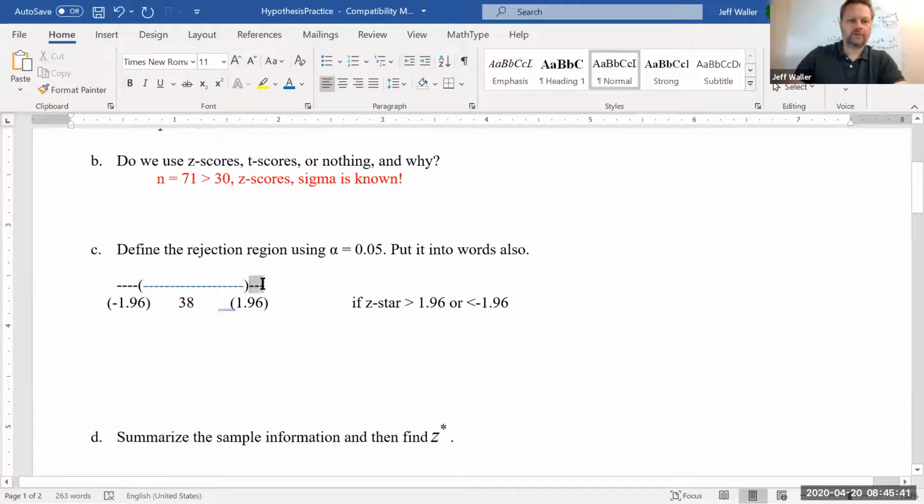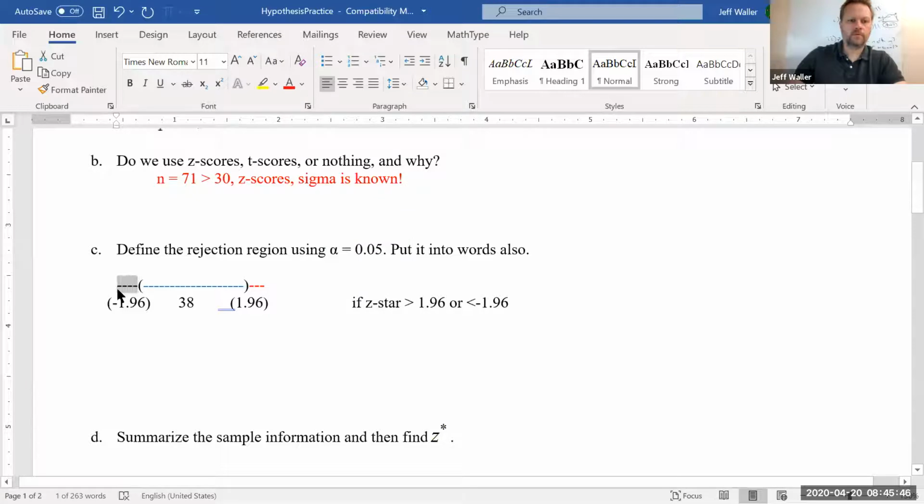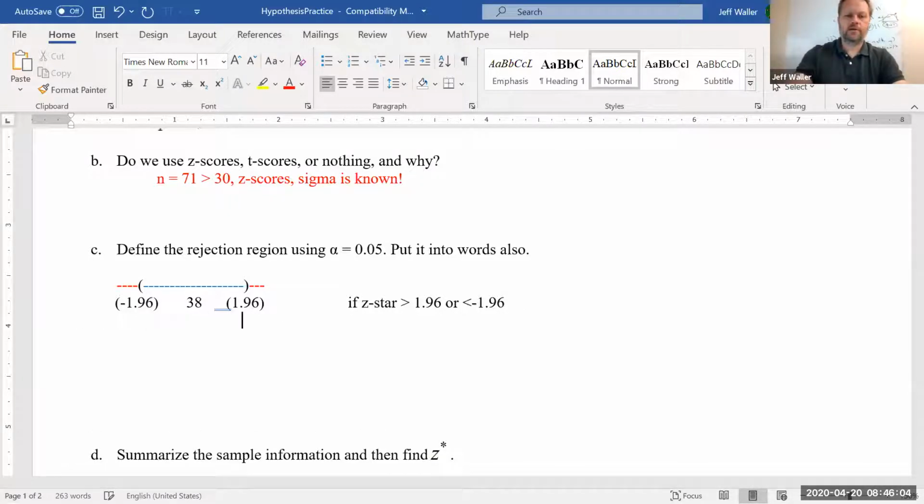So if I get out here, that would be evidence that the null is wrong. That would be evidence that the alternate is right. Not proof, but evidence. If Z star is greater than that or less than that, we can reject the null and support H1. All right, I think that might be enough for today.